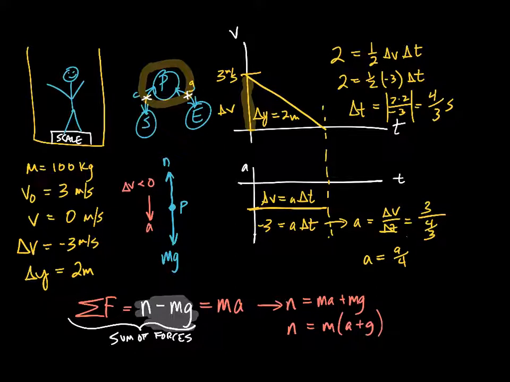Now, it's going to be a negative 9/4 because it was downward. And so then we can finish our thing here. So 100 kilograms. If you wanted to, you could use the 9.8, but you're going to have 10 minus 9/4, roughly speaking.